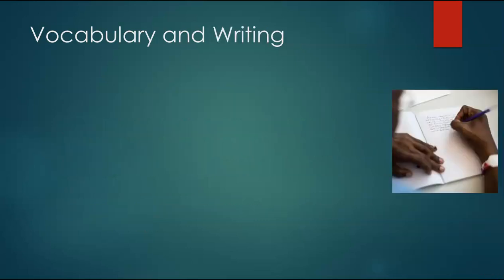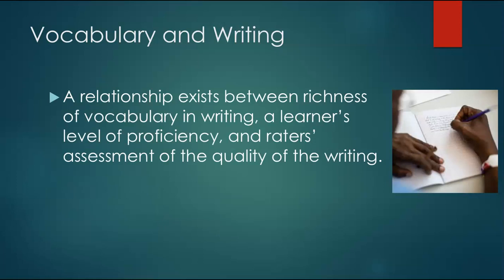Also, in terms of writing, a relationship exists between the richness of vocabulary in writing, a learner's level of proficiency, and raters' assessment of the quality of writing. So when ELLs gave writing samples to a study, it was determined that the richness of their vocabulary was related to their higher level of English proficiency, and raters of their writing rated their quality of writing as higher.